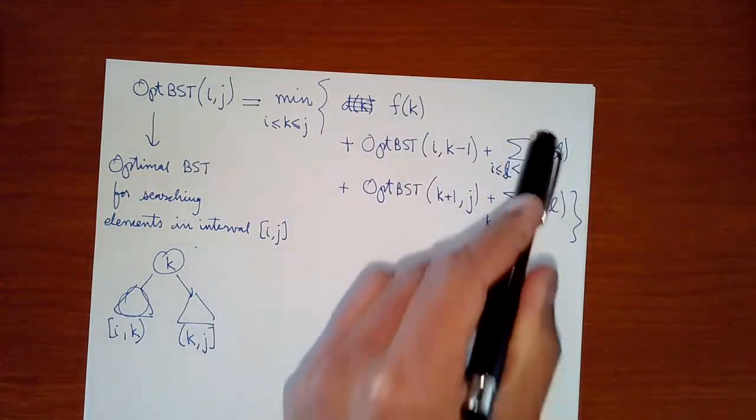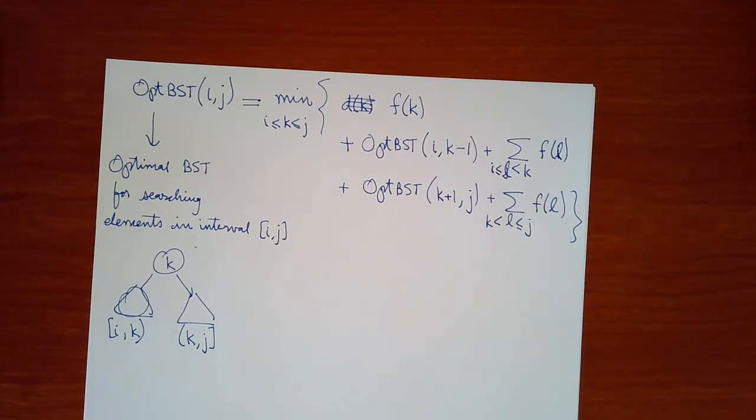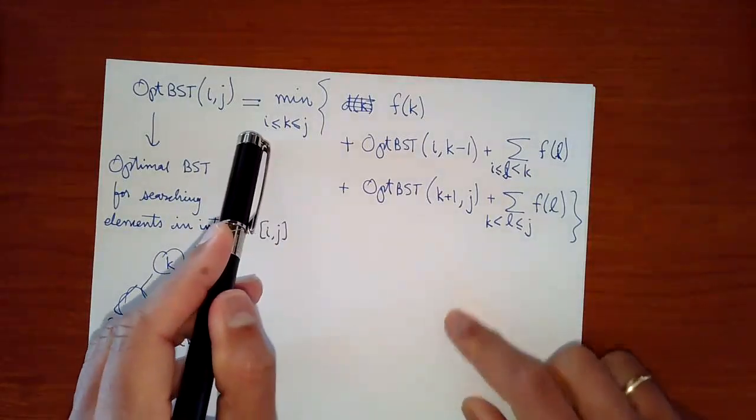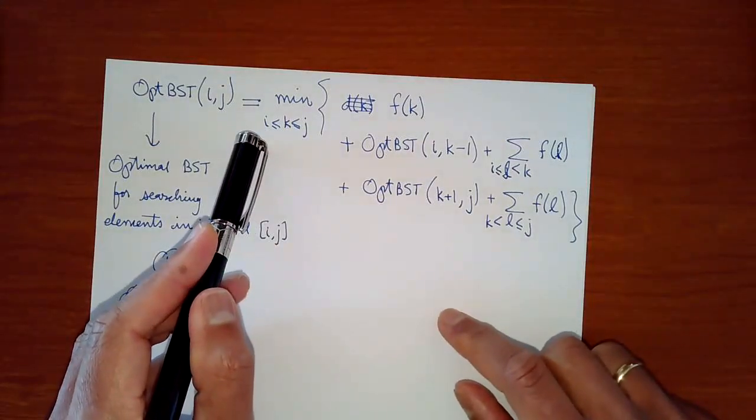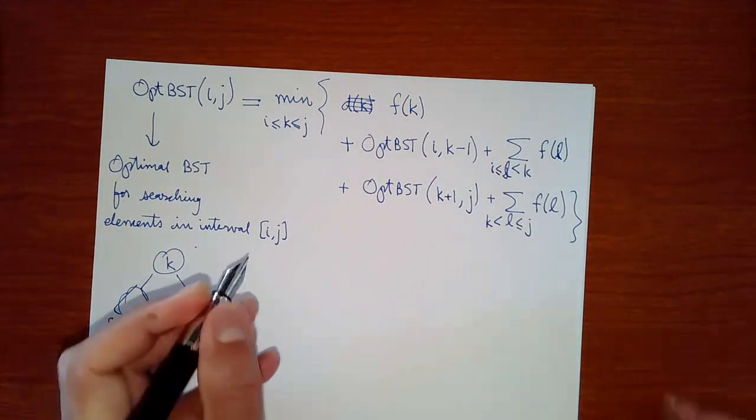What do these three things sum up to? All of the frequencies in that interval, from i to j? From i to j, exactly.